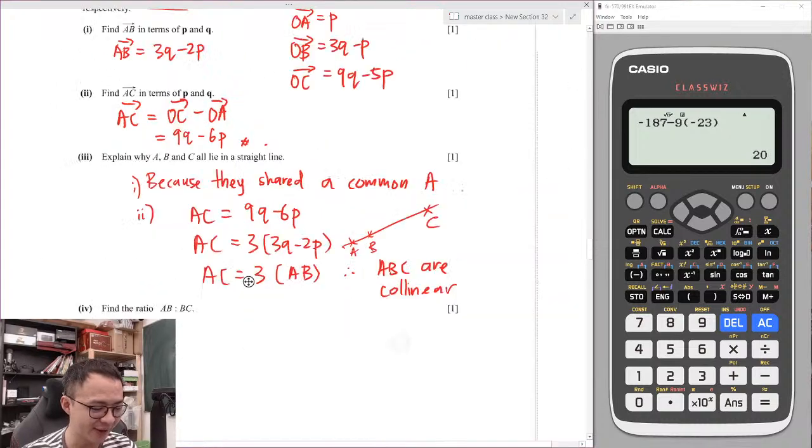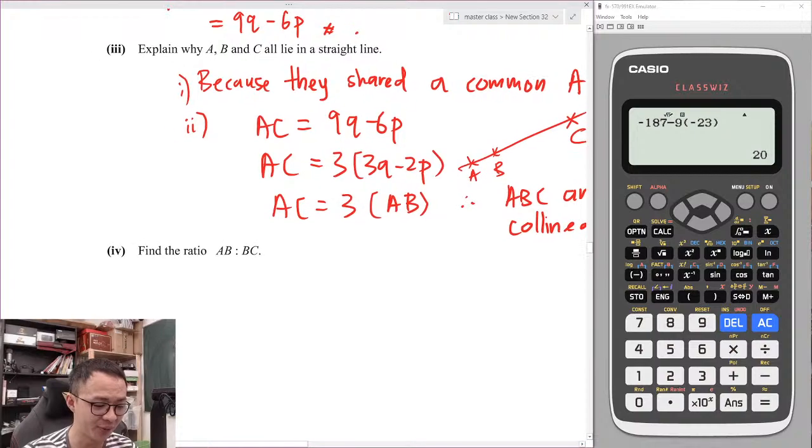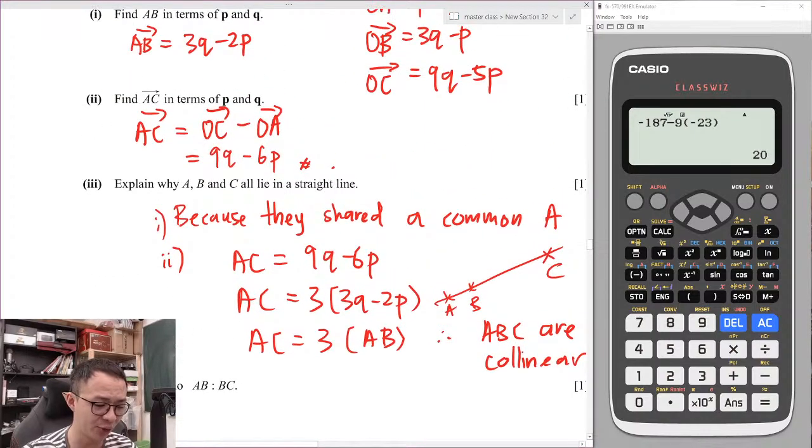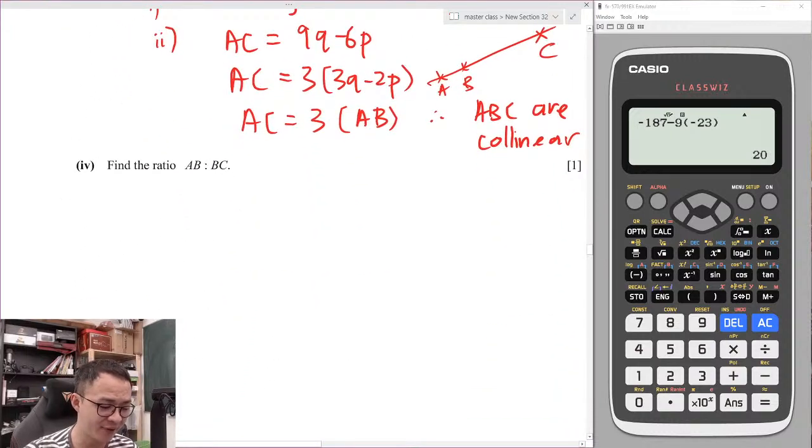Then they asked me to find a ratio for AB ratio BC. There are a few ways you can do this. One of the easiest ways is to find BC first. So BC is basically equal to OC minus OB.